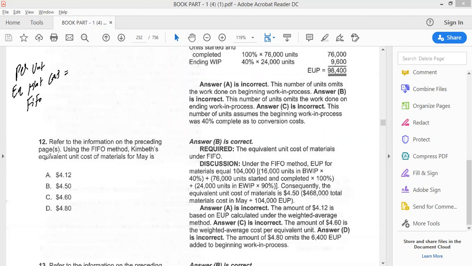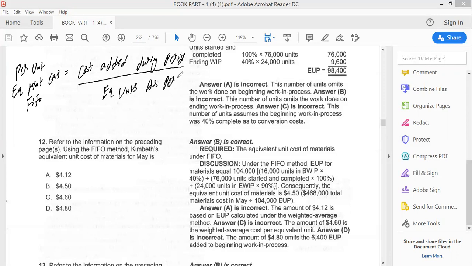Students, here you will not consider the cost already added on the work in process. The only cost you have to consider is cost added during the period dividing by equivalent units as per FIFO for materials.